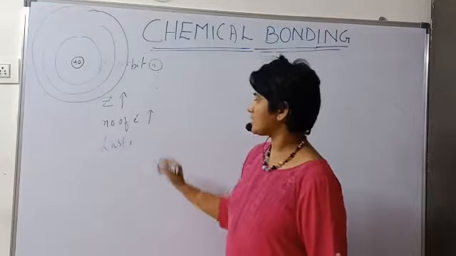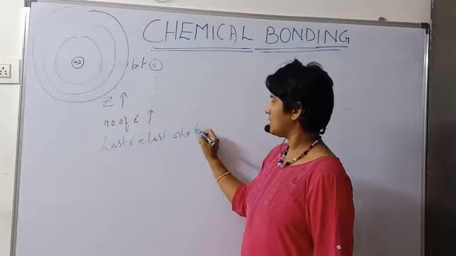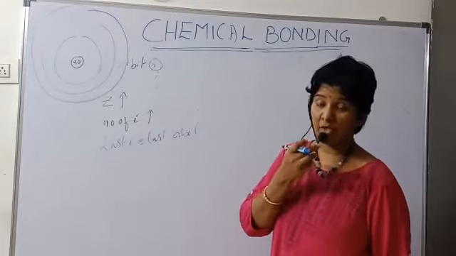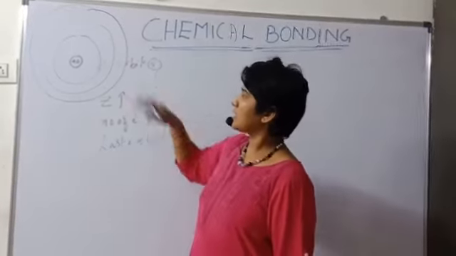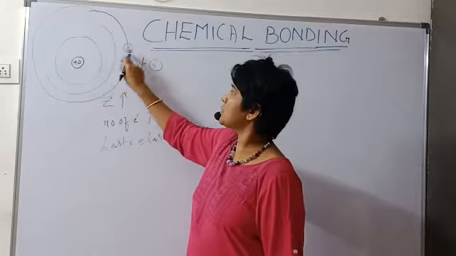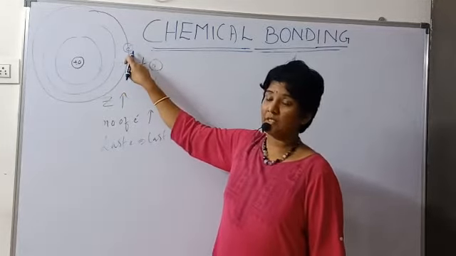The last electron is present in the last orbit, which is known as the differentiating electron, as you learned in the periodic table. Say for this element, its last orbit is the third, 1, 2, 3, and its last electron is in the third orbit.